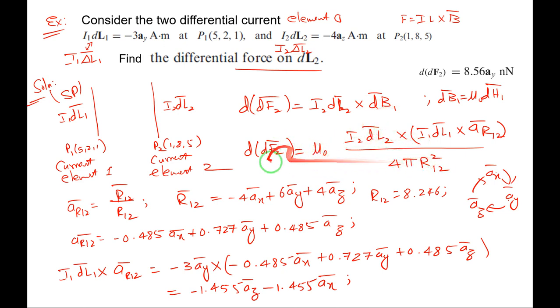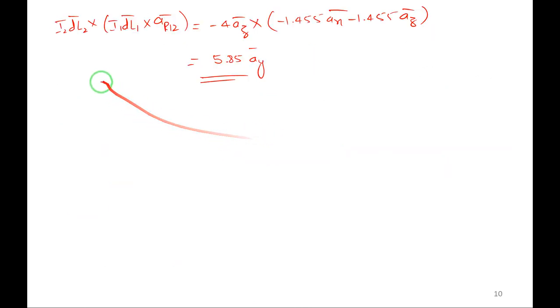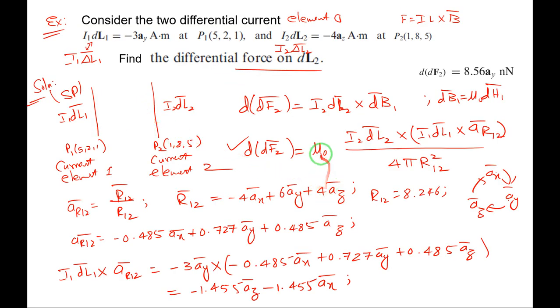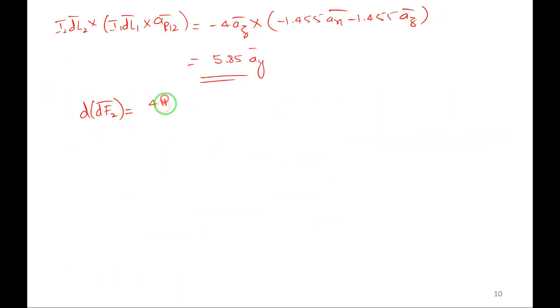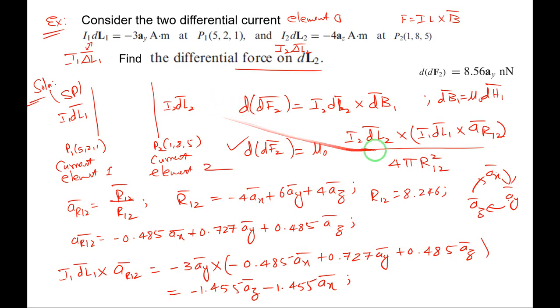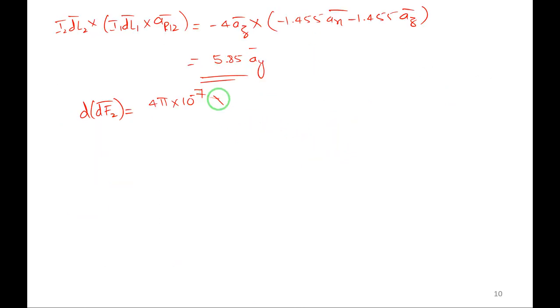And we will substitute in the formula. We will take this formula, DDF2, the differential force on current element 2, DDF2 is equal to mu naught, which is nothing but 4 pi into 10 power minus 7. It is not a cross product, right? So if I put cross, you will feel that it is cross product, so I will just take the bracket.